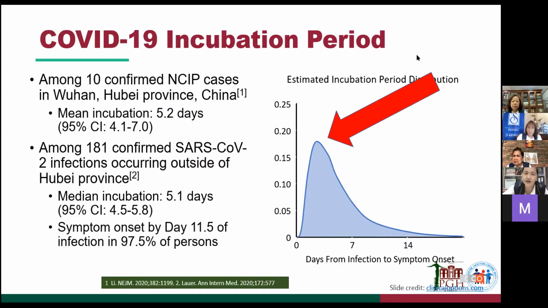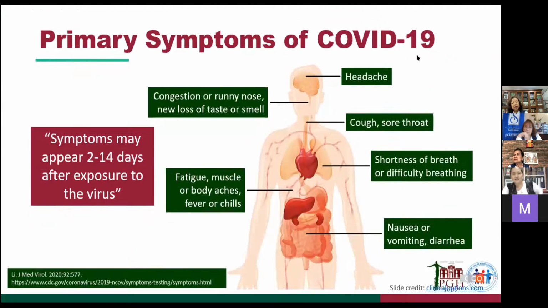Magbilang kayo ng 5 araw. Most likely, kung you caught the infection, you probably will have some symptoms by then. Some people stay asymptomatic. So, sa hospital setting, sinasuggest namin magpa-test by the 5th day. Kasi dun yung peak of occurrence of the illness. Kung naging successful yung infection.